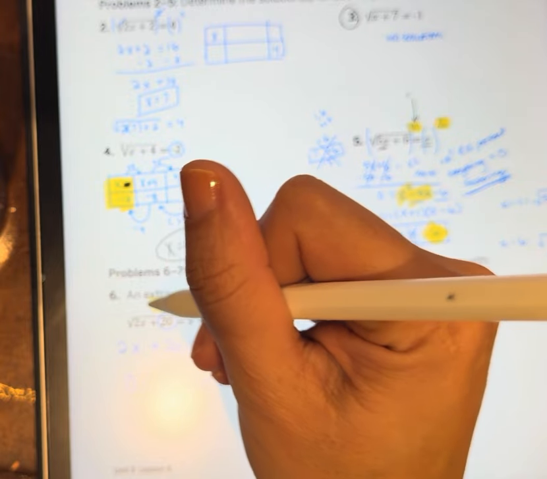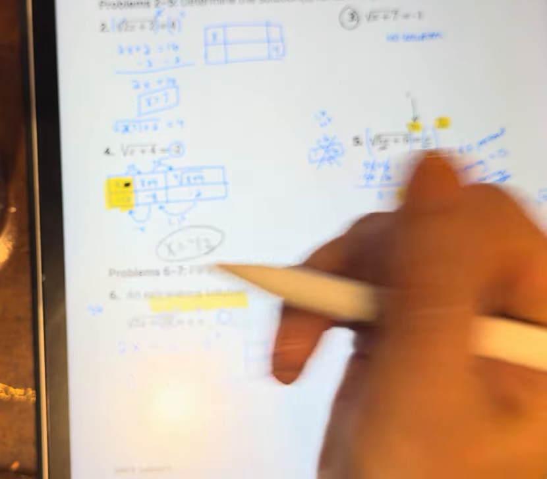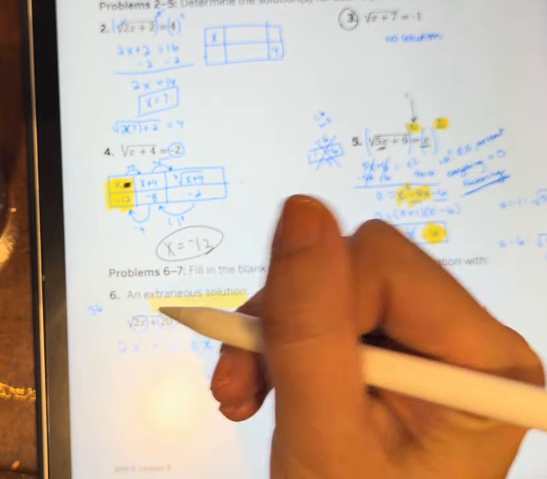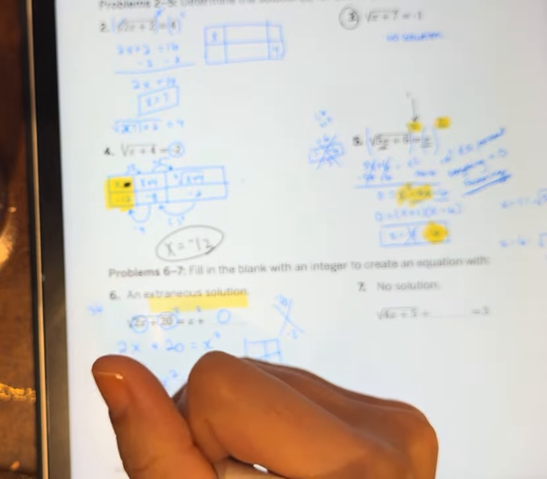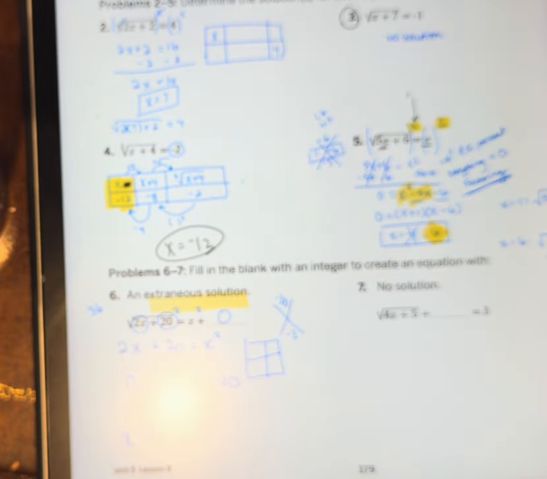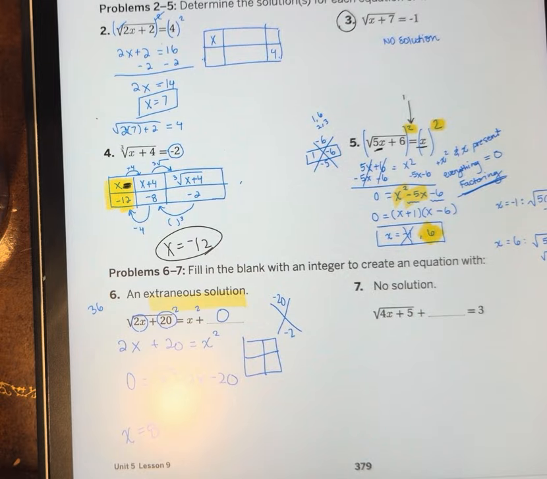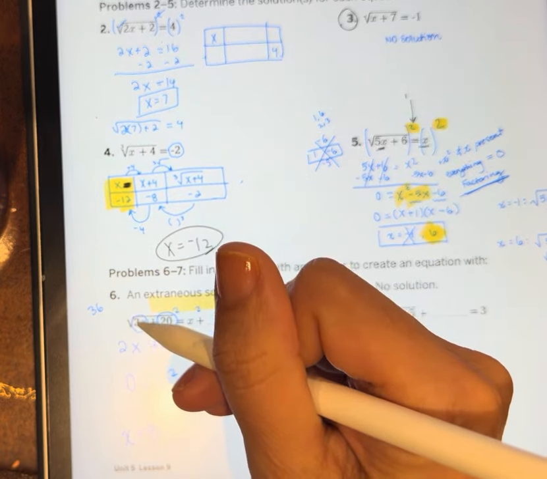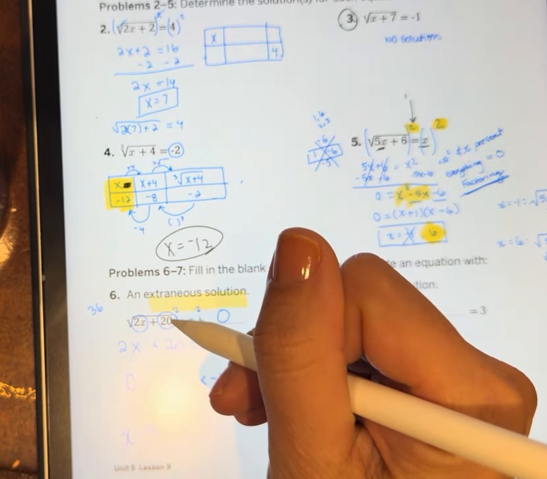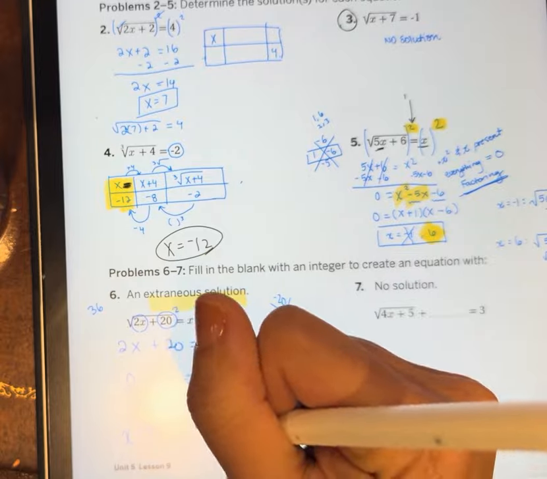So I'm thinking it's 36, which means if 2x is 16, so if x is 8, this doesn't come out so bad. If x is 8, then this becomes 16 plus 20, 36, and the square root of 36 is 6.